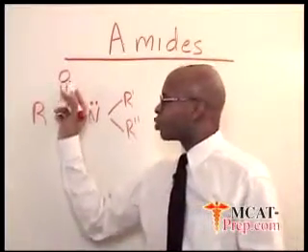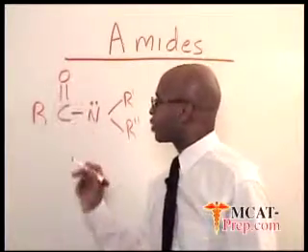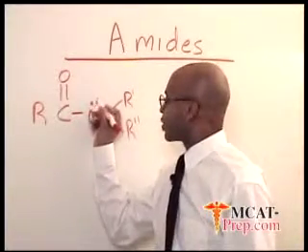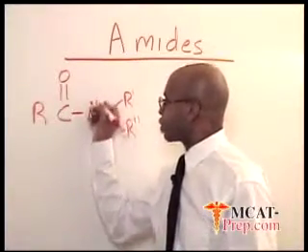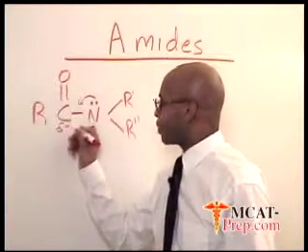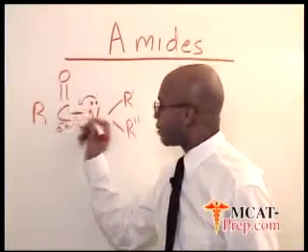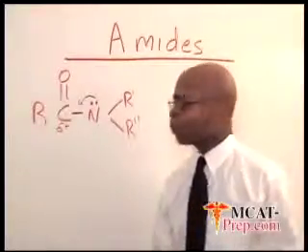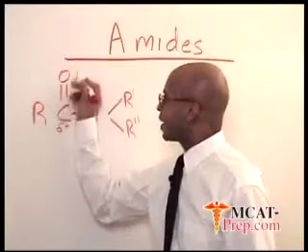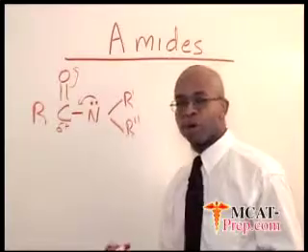Therefore, oxygen will draw electrons to itself. So as oxygen draws electrons to itself, we can envision these lone pair electrons in the nitrogen being attracted to this delta positive carbon, these electrons going into this bond, forming a double bond between the carbon and nitrogen, then breaking the pi electrons up here and sending these up to the oxygen, and oxygen is very happy with that because it gets these lone pair of electrons.